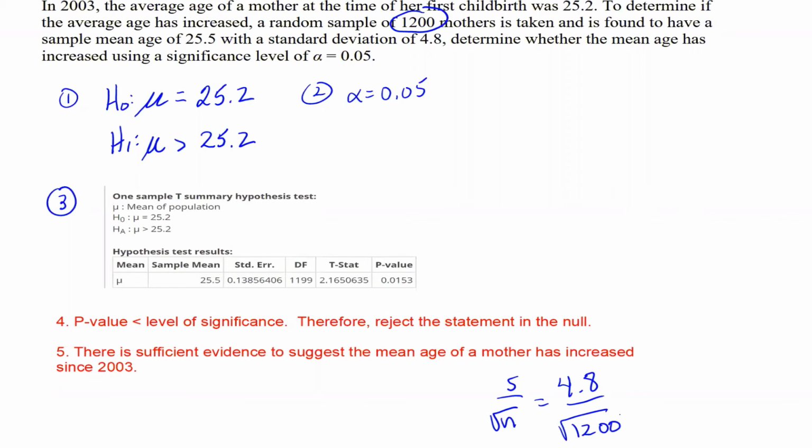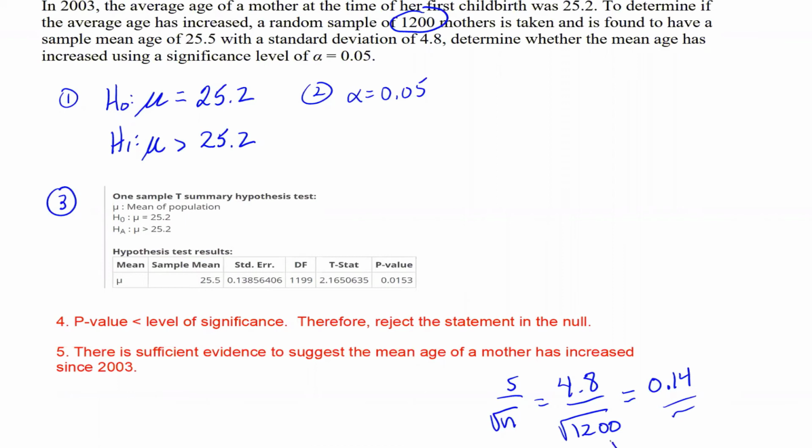So you can imagine a large sample size causes your standard error to shrink tremendously. This is giving us a standard error of about 0.14. So for a sample statistic to be 2 standard errors away would only require 0.28 years. Right? 2 times the 0.14 would put you 2 standard errors away.